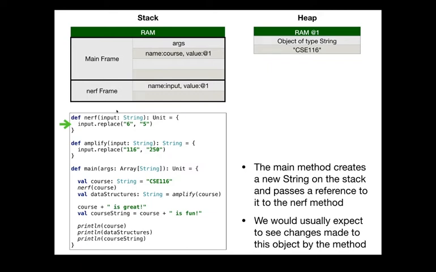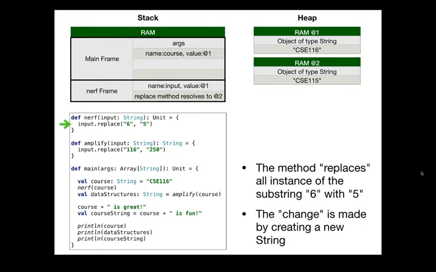So when we call input.replace, what we actually get is a brand new string created, added to the heap. We ask our operating system, we ask the JVM, we say, we need some space on the heap. We need enough space to store this string, CSC 115. We get that space, we store that string, we get a reference to what we stored, and we actually get this reference at 2, which is the return value of the replace method call.